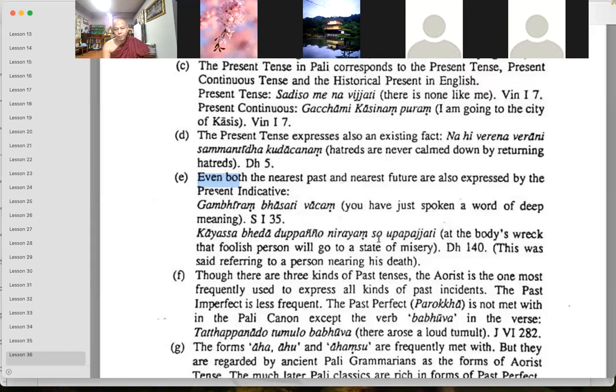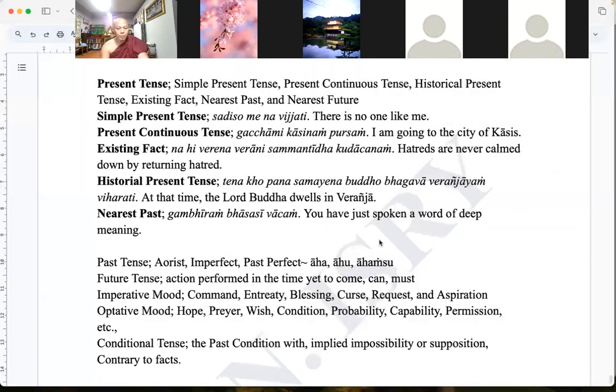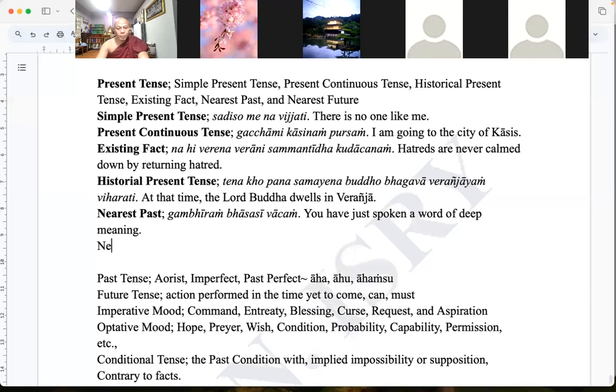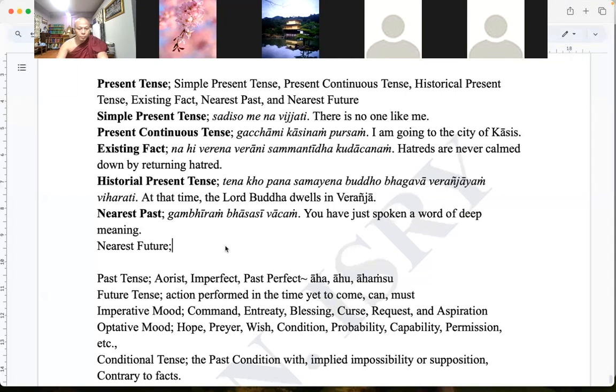"Nirayam so upapajjati". Here, "upapajjati" is the present tense.